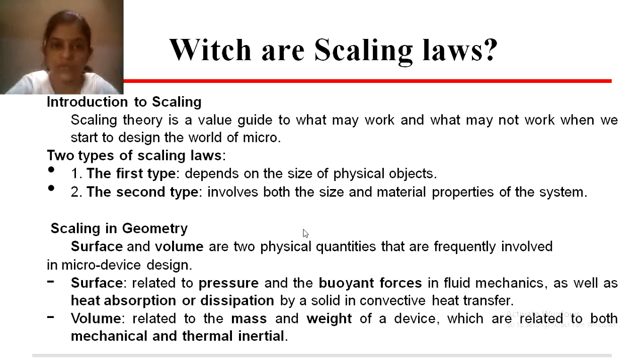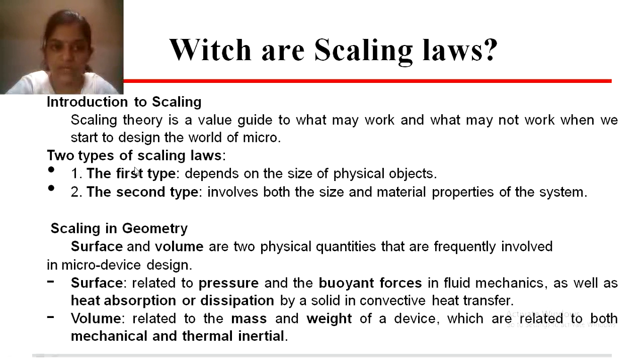We are going to see which scaling laws are used for microfabrication. Scaling is a valuable guide to what may work and what may not work when we start to design the world of micro. Scaling is the most important thing whenever we design microsystems.